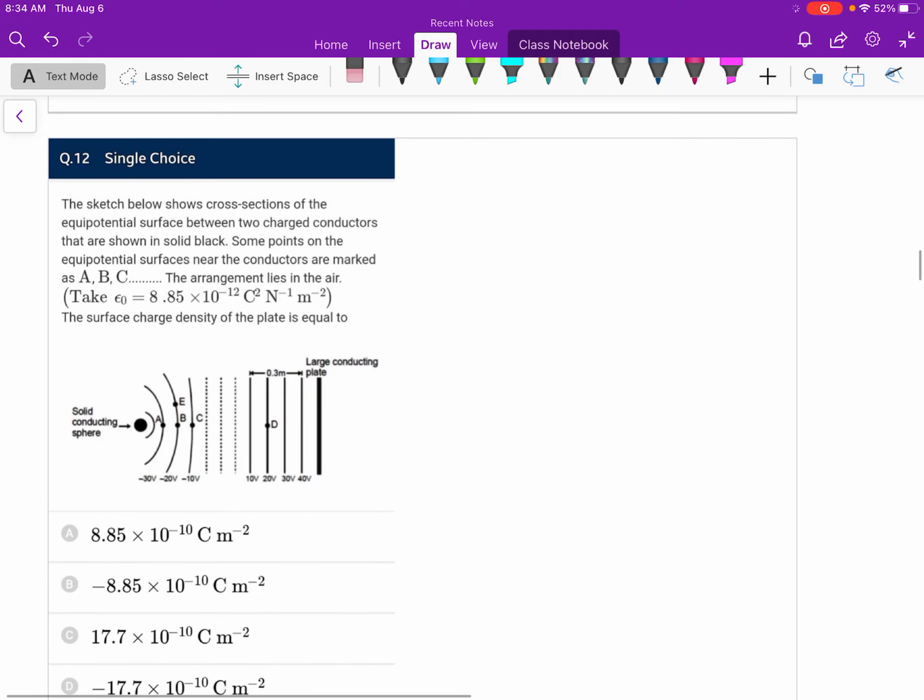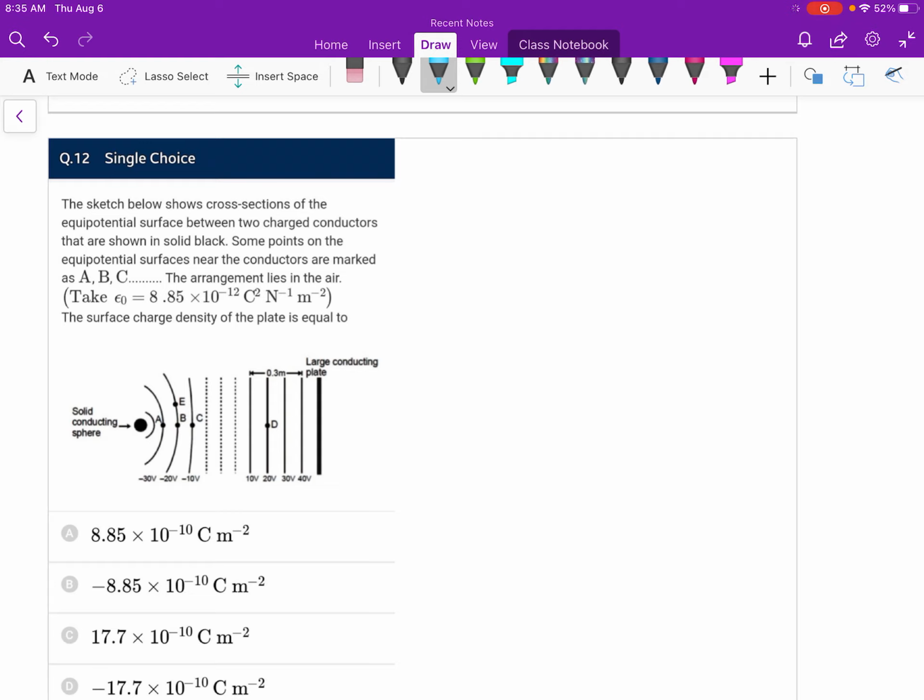The sketch shows below the equipotentials due to a solid conducting sphere and large conducting plate. We observe, guys, that in the vicinity of the large conducting plate, equipotentials are parallel planes. That means field is uniform, and that means the effect of the conducting sphere near the large conducting plate is negligible. So let's calculate electric field.